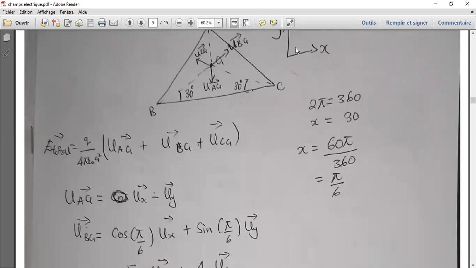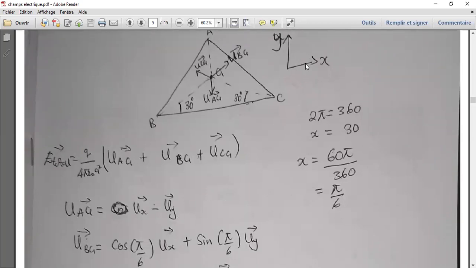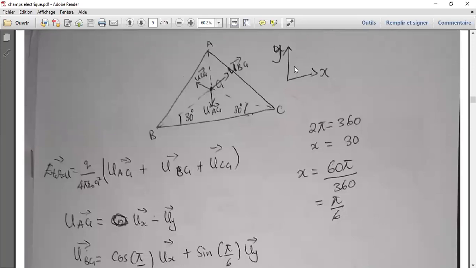So you should know that the angle is 30 degrees. The angle is always the angle you have here. So you have your x and your y. If you imagine a line drawn here making an angle with the x-axis, your x becomes the adjacent, and the vector UBG becomes the hypotenuse. Adjacent and hypotenuse means you have cos.